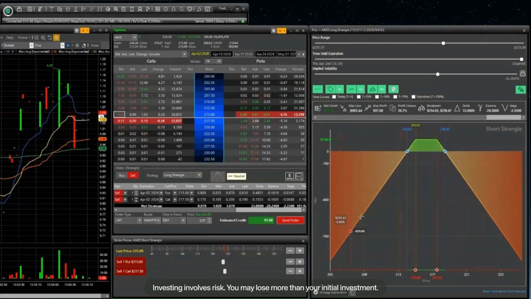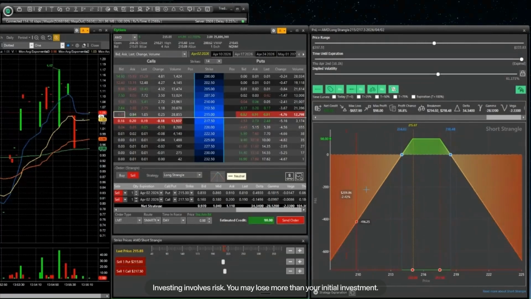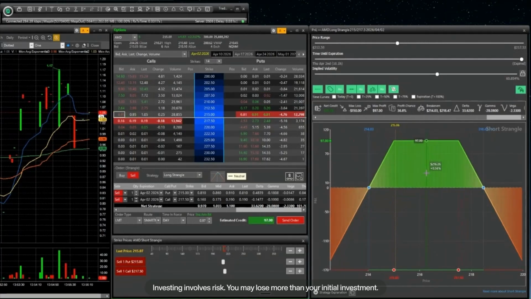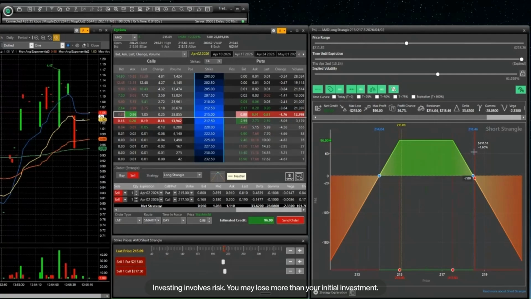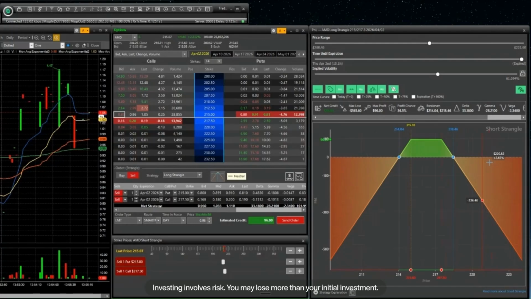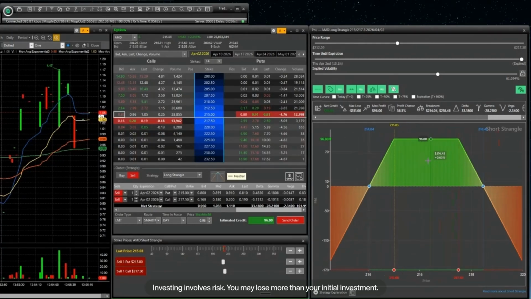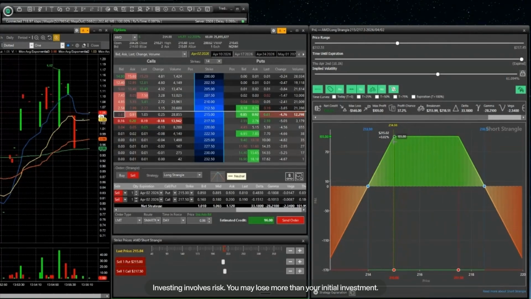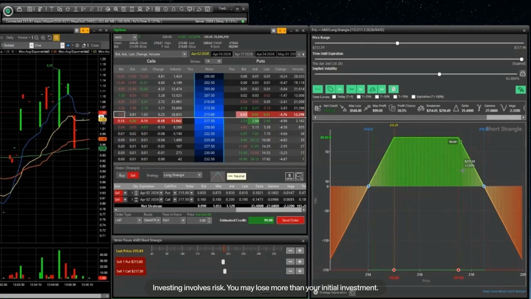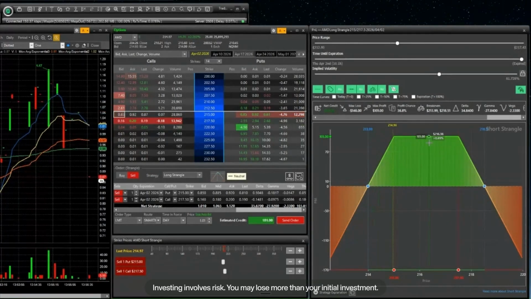And that's an unlimited potential loss that you'd need to exit before it gets too bad. If the price of the underlying goes above 218, over here, you see, again, similar story, unlimited loss. If the price of the underlying stays between the two break-even points at the time of expiry, you're in profit.